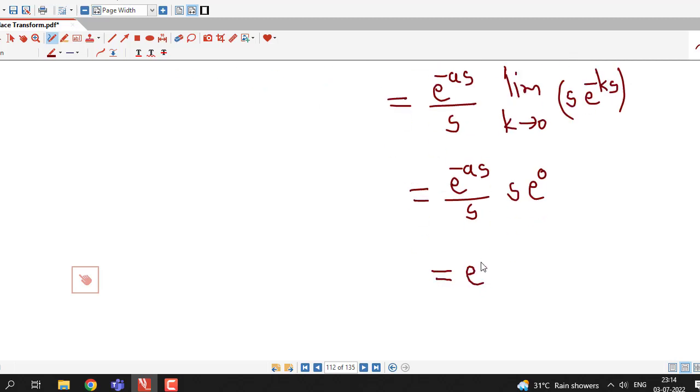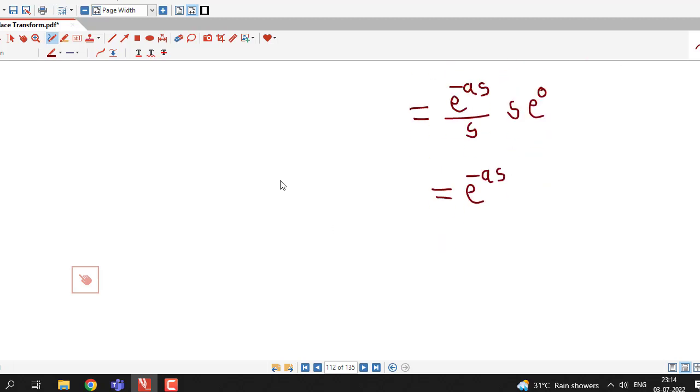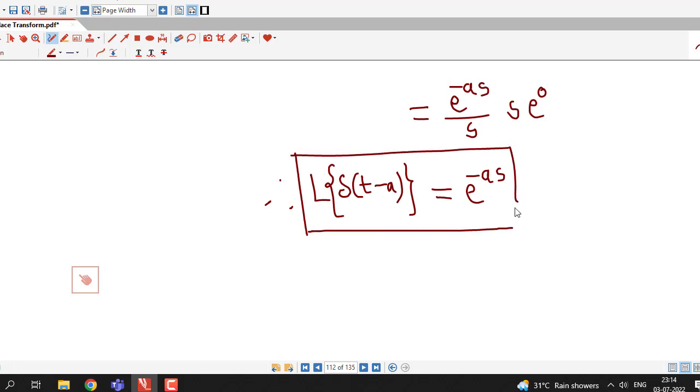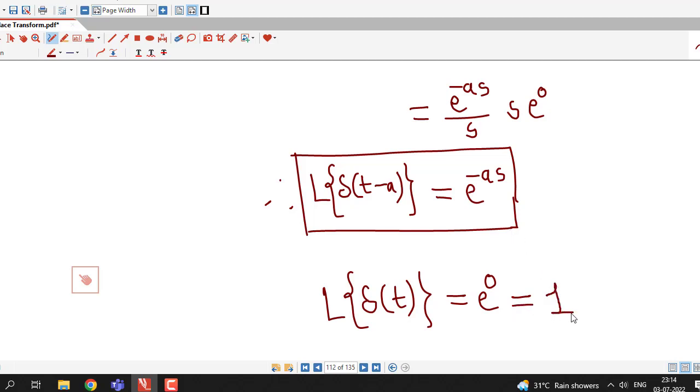So finally we have e raised to minus a into s as the Laplace transform of delta t minus a. So remember, the Laplace transform of delta t minus a is equal to e raised to minus a into s. Suppose I consider a equal to 0, then the Laplace transform of delta t will be equal to e raised to 0, that is going to be 1.